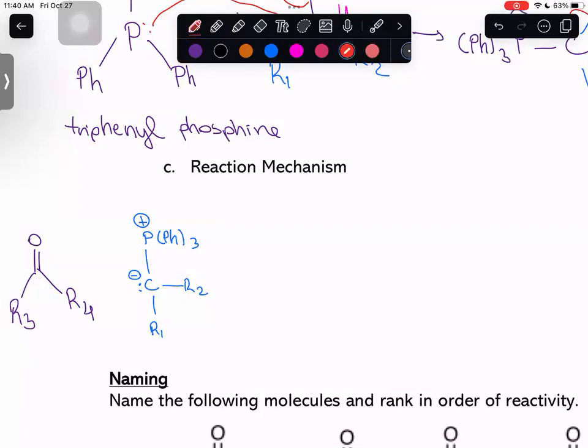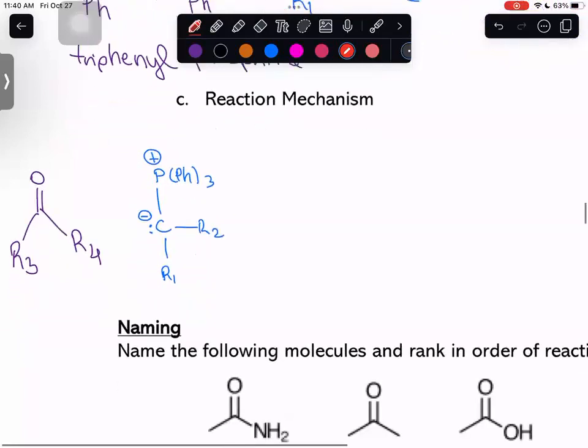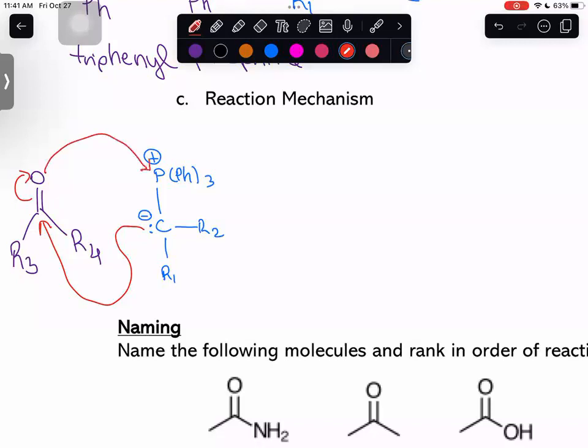So this portion is gonna look similar to what we saw during the previous reaction. Specifically, we know that as soon as we see a negative charge, this guy is gonna be your nucleophile. Plus remember, for this chapter, ketones and aldehydes are always the electrophile. Now, that carbon specifically attacks our carbonyl region. We have to kick up the electrons towards the oxygen so we don't break the octet. And then we're gonna attack back the ylide, specifically that phosphorus group. So this was your first arrow, second, and third.